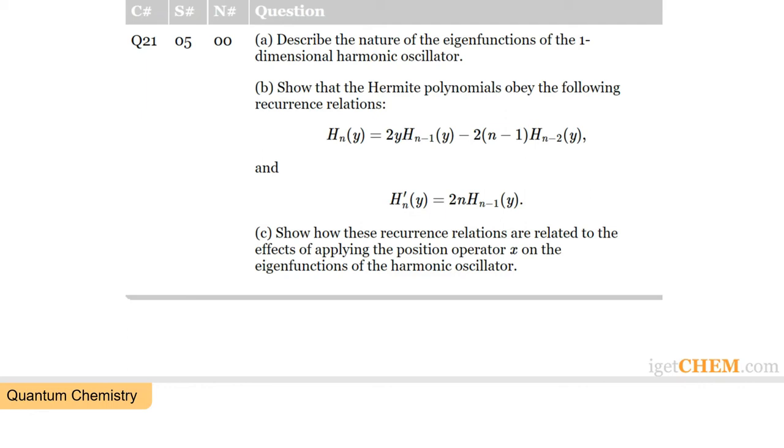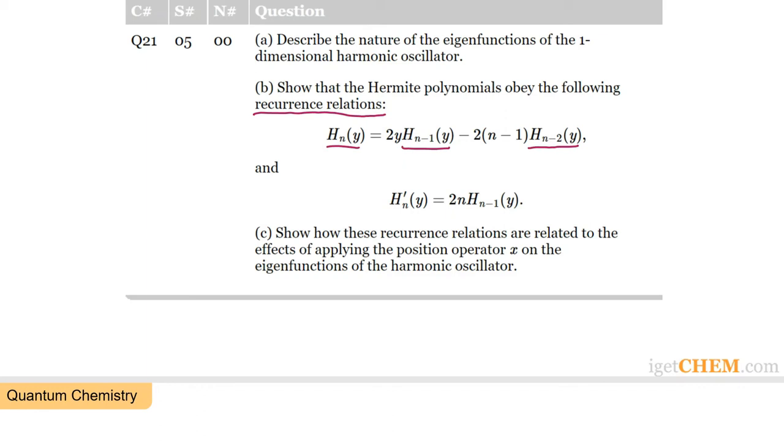These will be faster than the first part. So in part B, you need to prove these so-called recurrence relations of these H functions. The reason why they're called recurrence relations is, for example, if you look at the first one, you see that if you know the functional form of Hn minus 2 and the functional form of Hn minus 1, then you can figure out the next one.